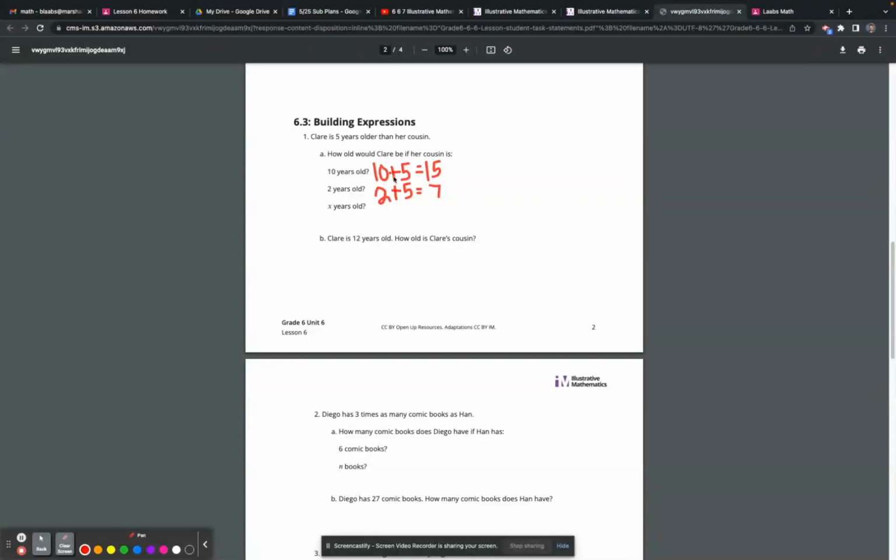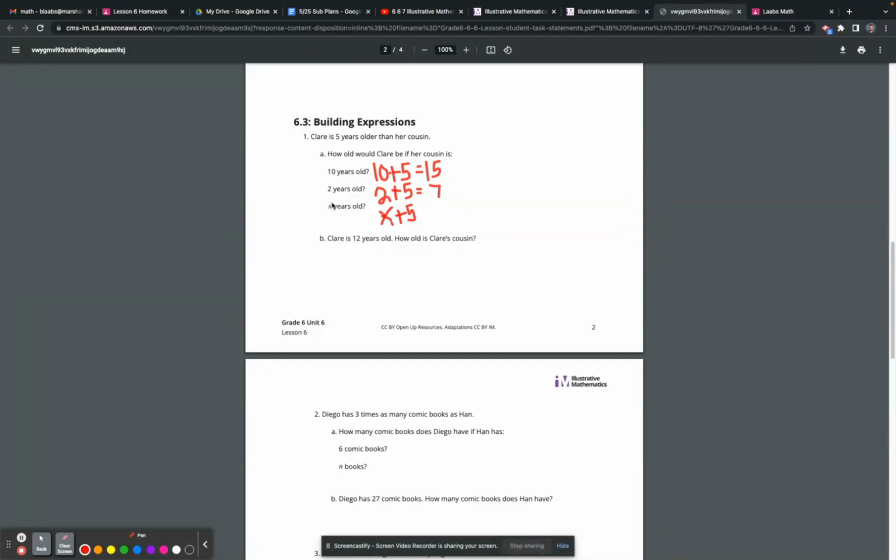And so now we've built an equation here, right? Take the cousin's age plus 5, that'll give you Claire's age. So if her cousin is X years old, we don't know how many years old she is. We're going to replace what we did here, her cousin's age, with that X. But we're still going to add 5 years because it doesn't matter how old her cousin is, Claire will be 5 years older than her.